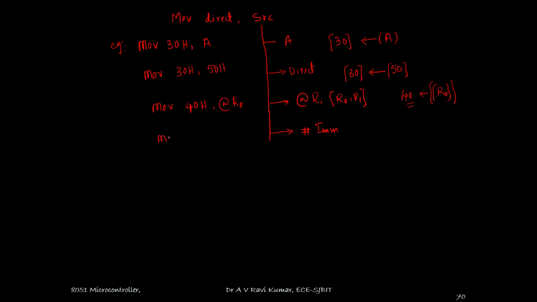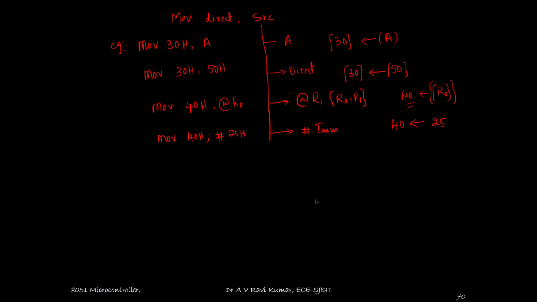We can transfer data like MOV 40H, #25H. This immediate data is transferred directly to the RAM location with the pointed address, 40H.